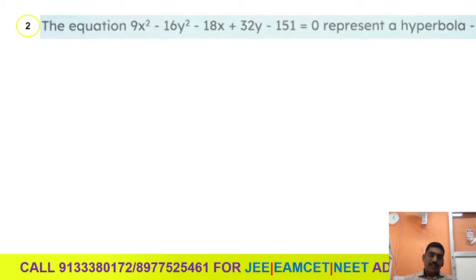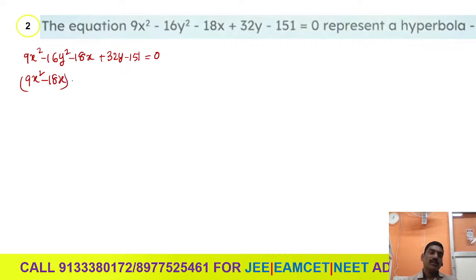Next, question number 2. The equation 9x square minus 16y square minus 18x plus 32y minus 151 equal to 0 represents. So here also it is the same. Let us take the equation. So 9x square minus 18x, and then minus 16y square plus 32y, equal to 151.